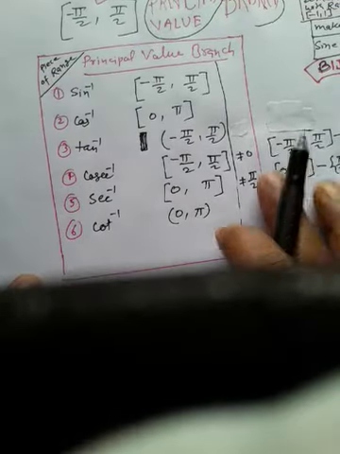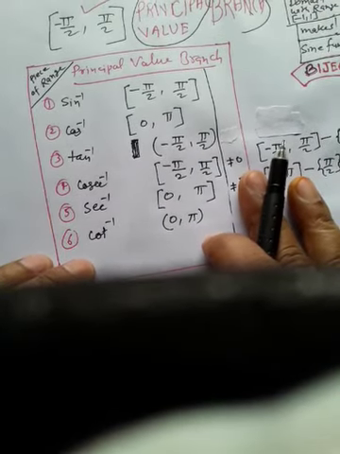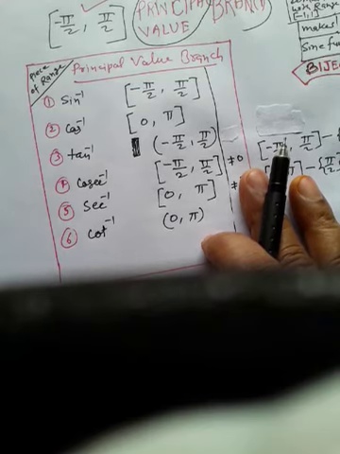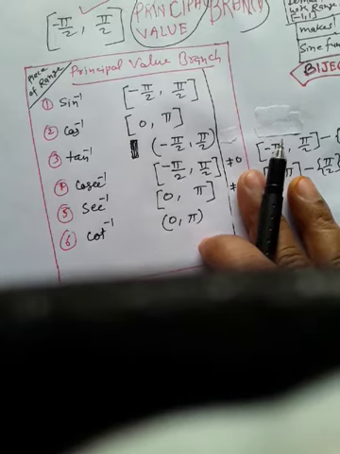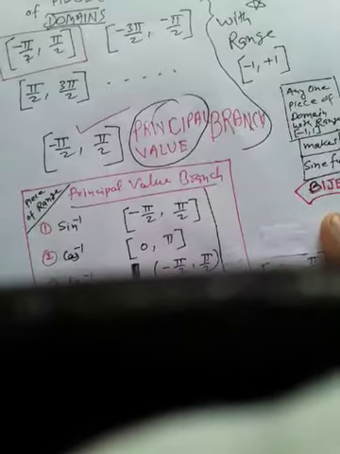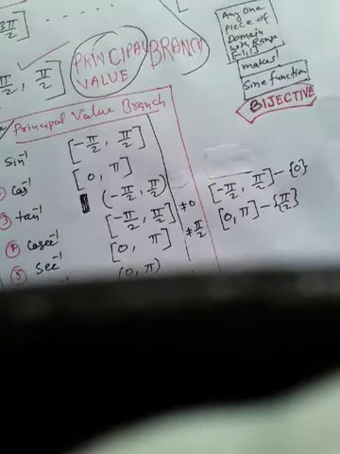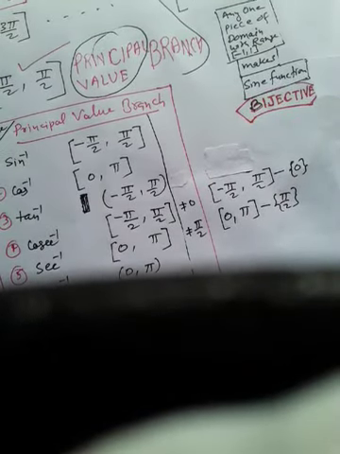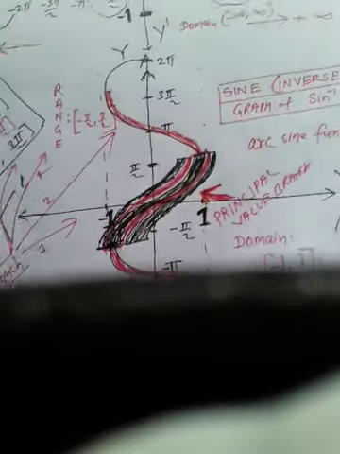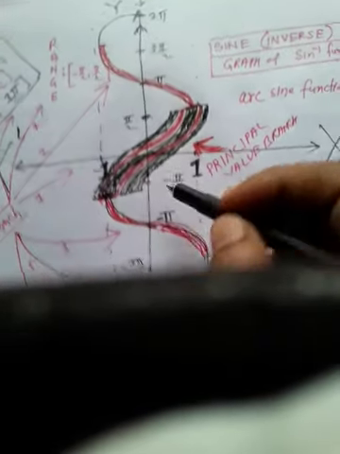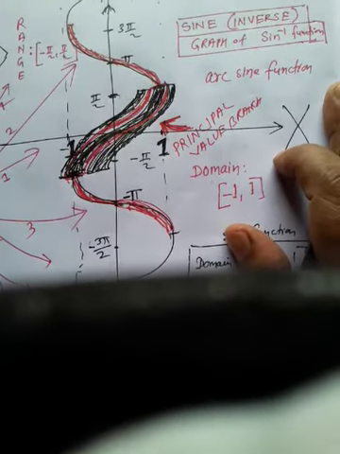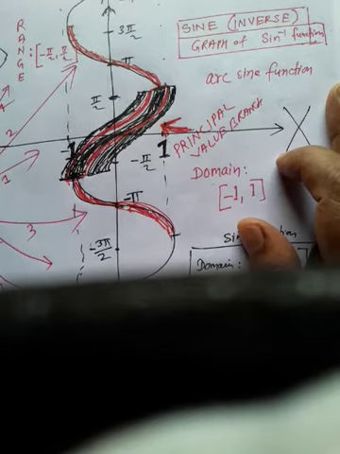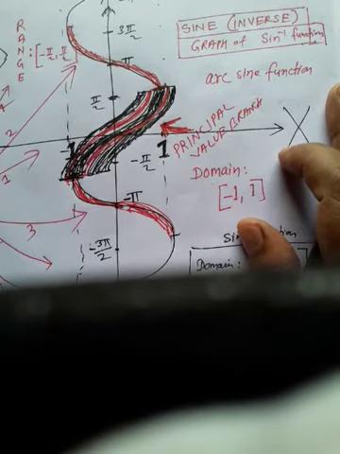So dear children, we have understood inverse functions, and basically how we are going for the inverse. Please remember, we are restricting the domain of sine, and when you restrict it, we get the inverse like this. And for all the inverses I have sent the figures, and it is written there.